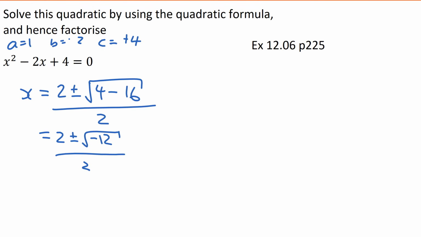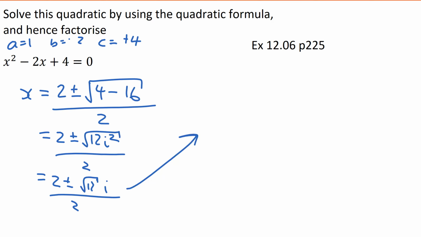Can't do square root of negative 12, eh? No, sorry, no. So I do that, don't I? Happy? So now it's going to be 2 plus or minus root 12i all over 2. Okay, happy with that? Now I can simplify that to be 2 over 2 plus or minus root 12 over 2i.